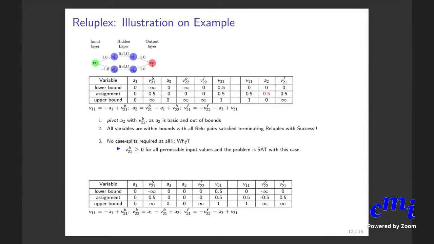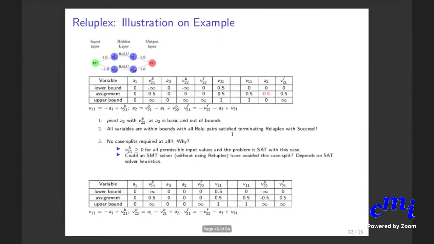In some cases, you can get away without doing the case splits, using over approximation and just locally trying to fix the ReLU constraints.